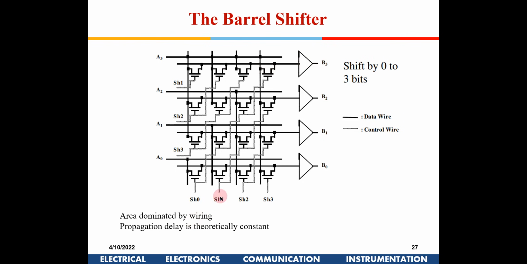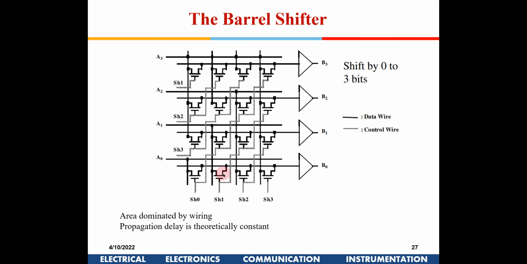Now if I have shift 1, this transistor is off now, and this transistor will be switched on. So you will have this signal coming from here. This is the shift 1 signal, and this transistor will be switched on.